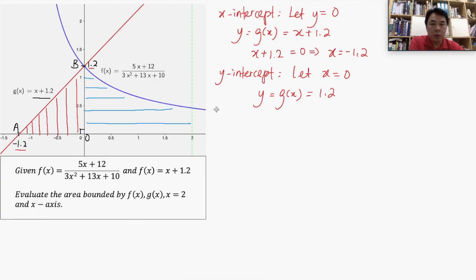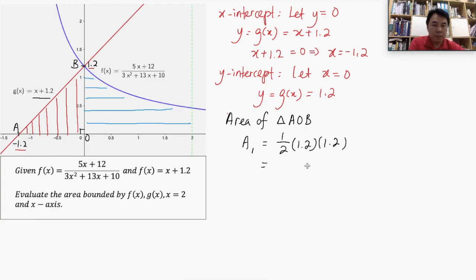So now we are ready to obtain the area for the triangle. Let's work this out. The area of triangle AOB in this case, I'll label this as A1, it's easier to refer to later on, is given as half times the width, which is 1.2, and the height, which is 1.2.